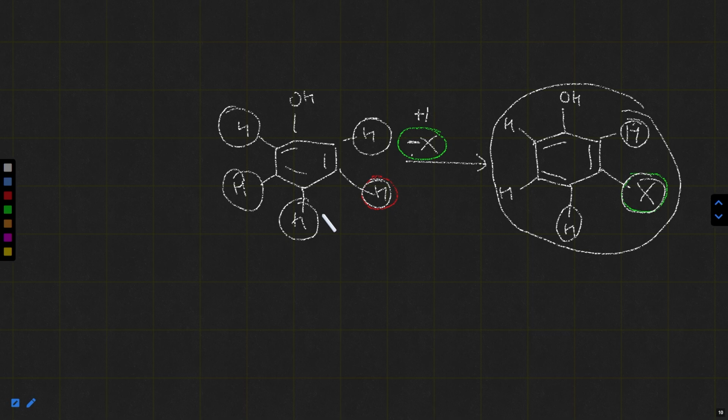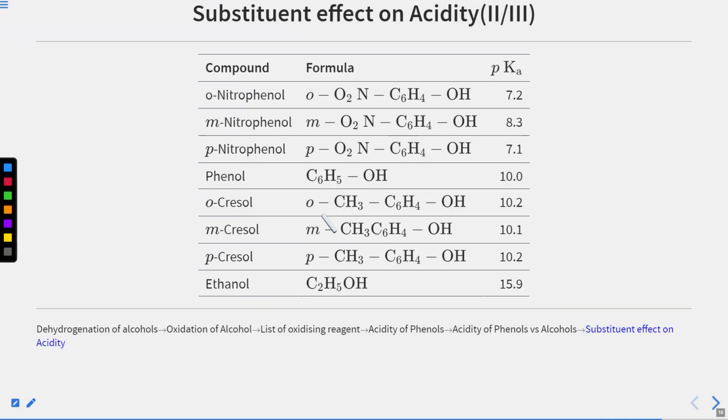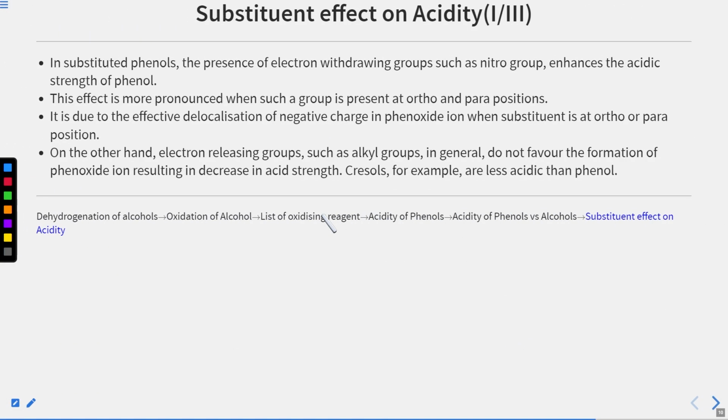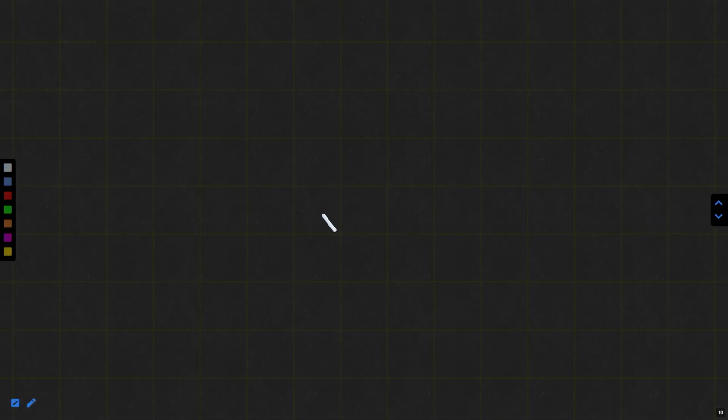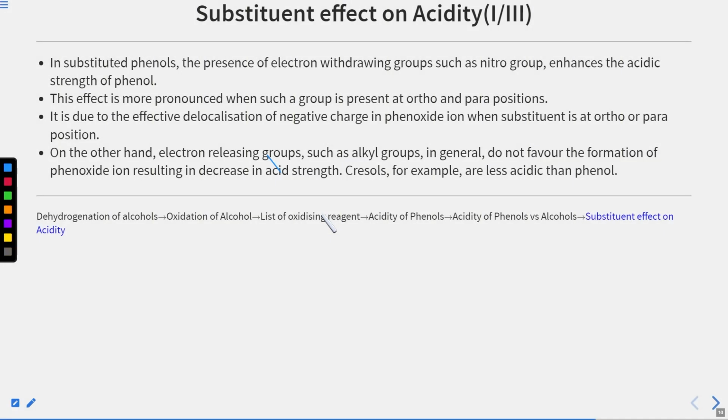Both will decide the acidity. As I have told you earlier, if something attracts the negative charge towards it and removes it from the oxygen, then it will polarize the bond more. Therefore, it will result in a greater acidic character.